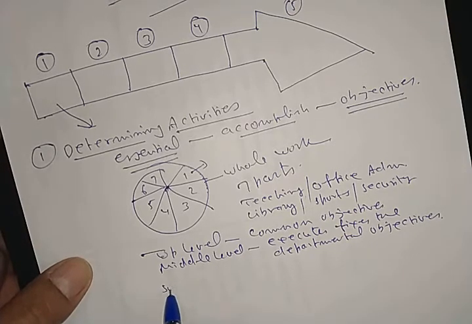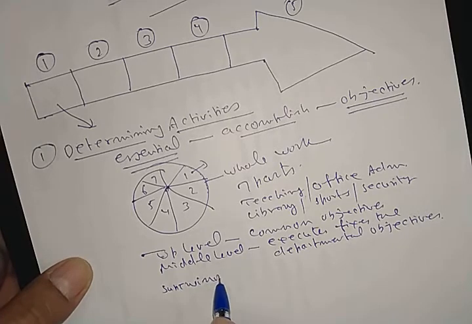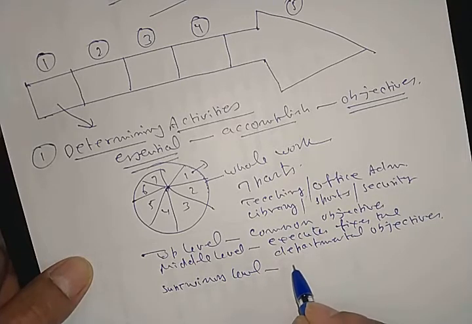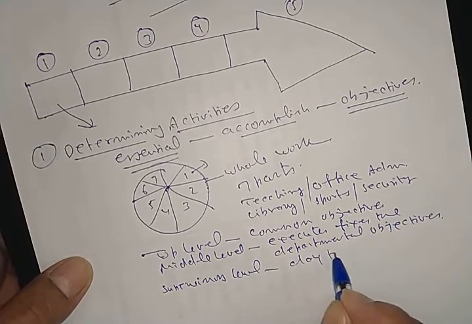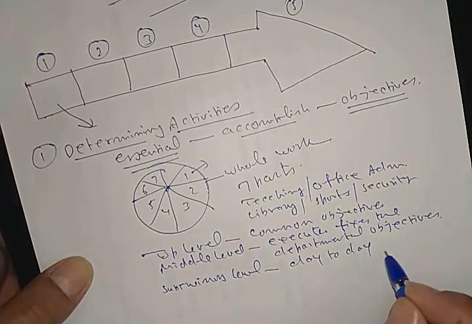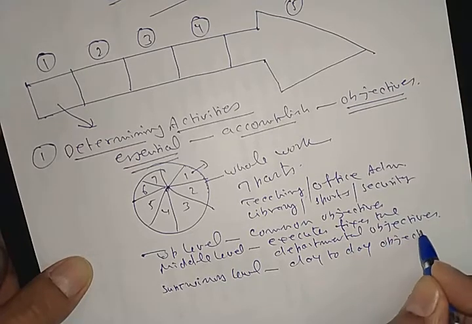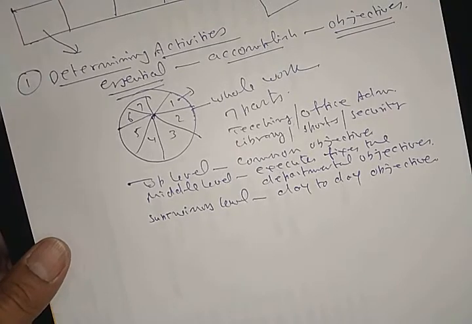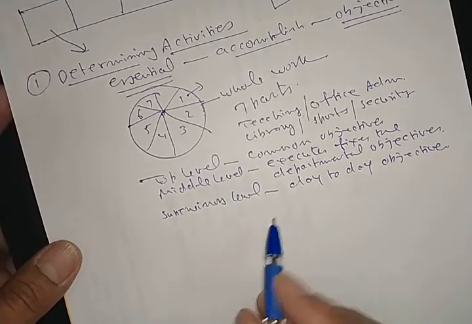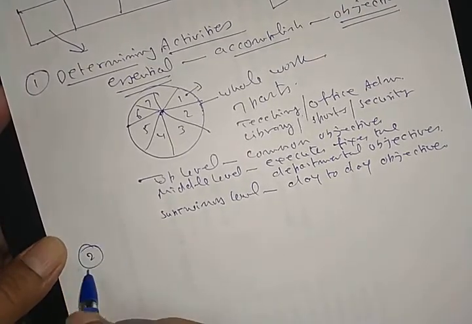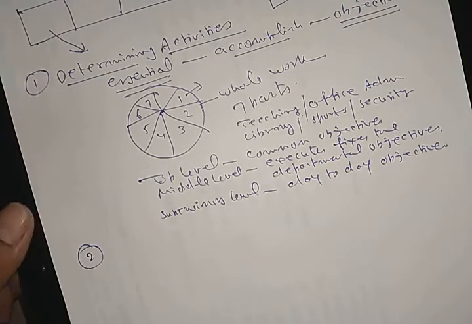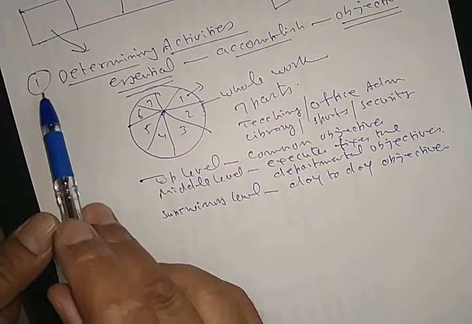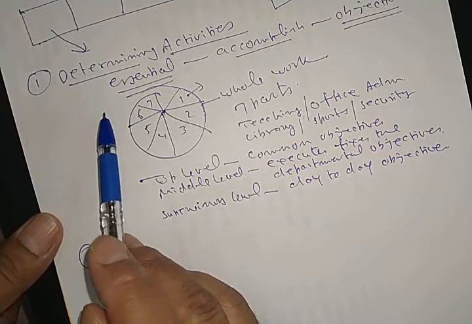And the supervisory level sees the day-to-day objectives, whether today's class is conducted properly or not. If a teacher is absent, whether any other teacher has been sent in his place or not. So this is the first step of the organizing process.